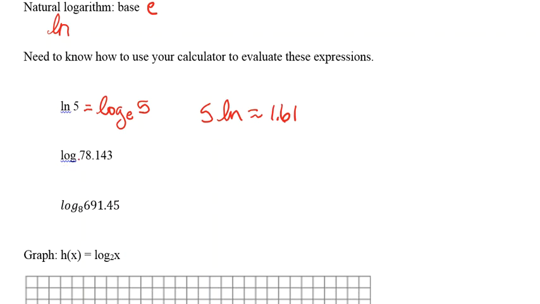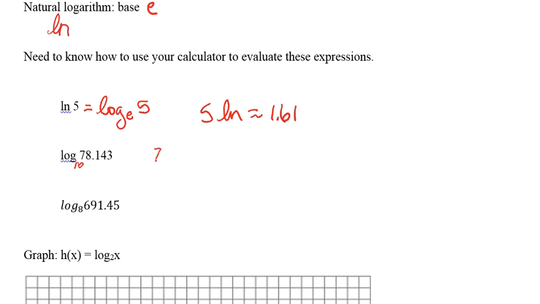The next one, notice there's nothing little down here as a subscript. When nothing is written there, that is a base 10. So that is a logarithm, a common logarithm. The logarithm button on your calculators is base 10, so we're not going to need to do anything.